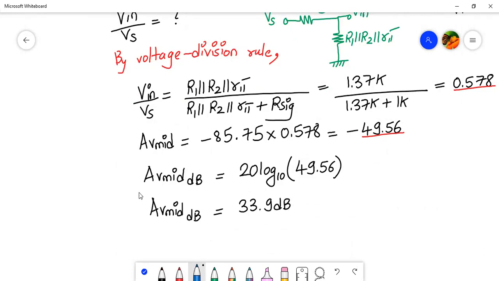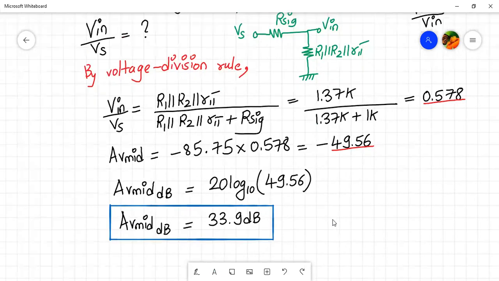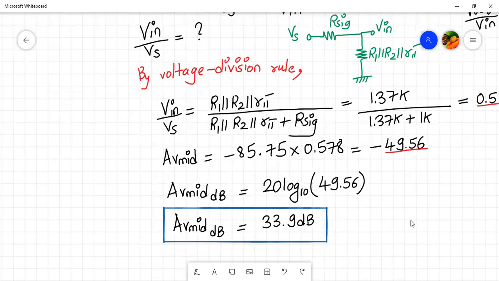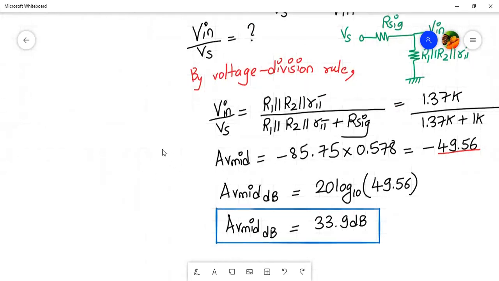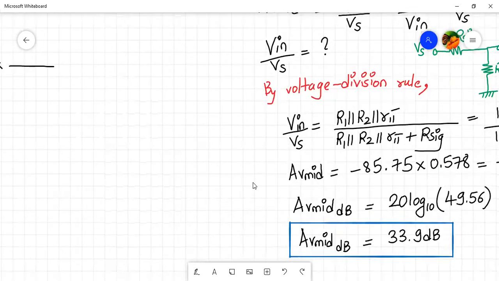So that's the value which we are getting. Let me put it inside a box. It's an important result. So this is my midband voltage gain. So we have calculated FL and we have calculated AV mid. So even if they don't ask you for DC analysis, we have to calculate RPi and GM without even asking, because it will be required for AV mid and FL calculation.